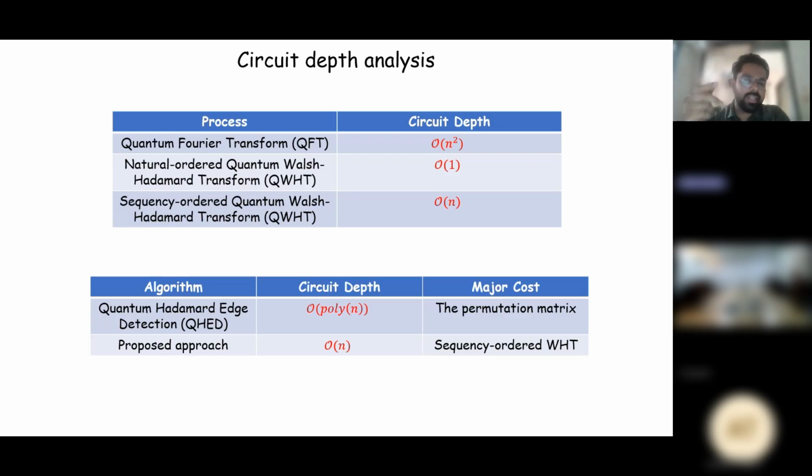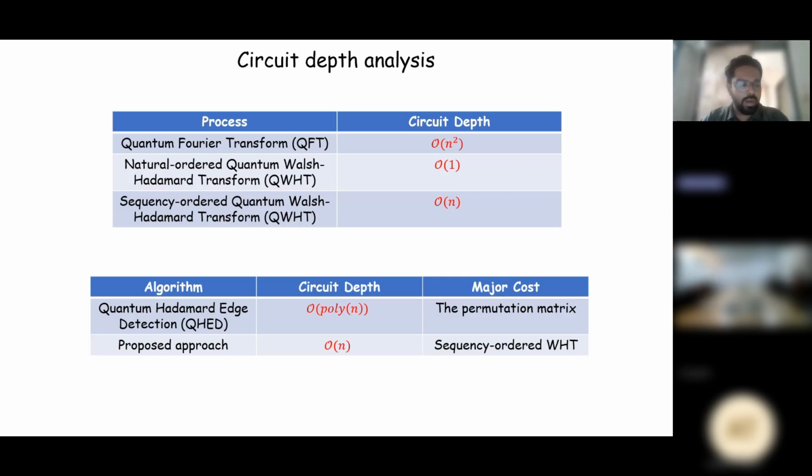Then we compare the circuit depth of the earlier algorithm, which was the Quantum Hadamard Edge Detection algorithm. As I said, the major cost of that algorithm came from the permutation matrix, which shifted the indices of the vector, and the cost to perform this permutation matrix is order polylog n.